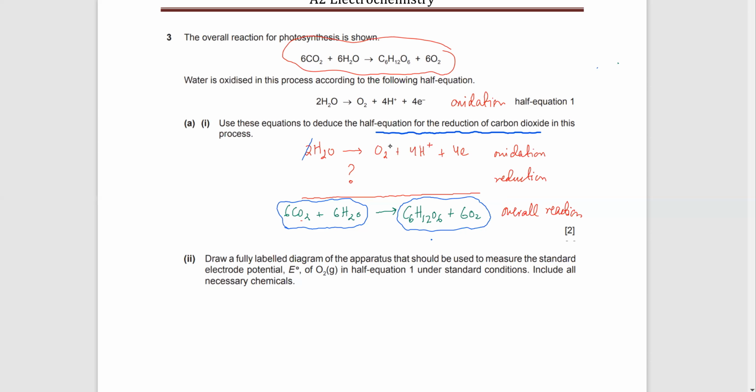This would give me 12 H2Os. And over here, multiplying this by 6, I get 24 H+, and multiplying this by 6 would give me 24 electrons. So that's the first thing, because the overall equation has 6 oxygens in the product.